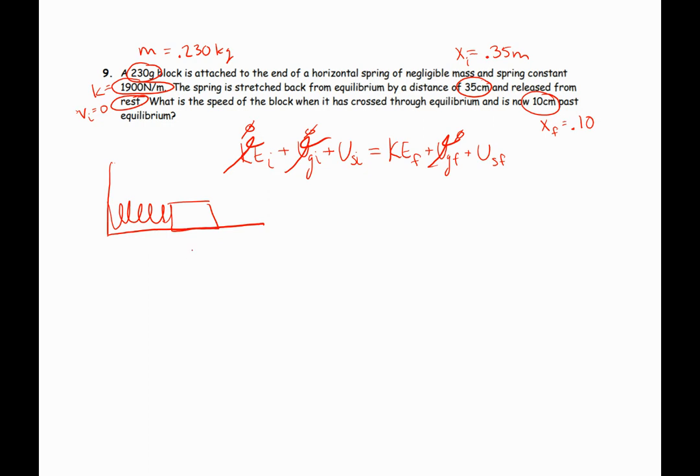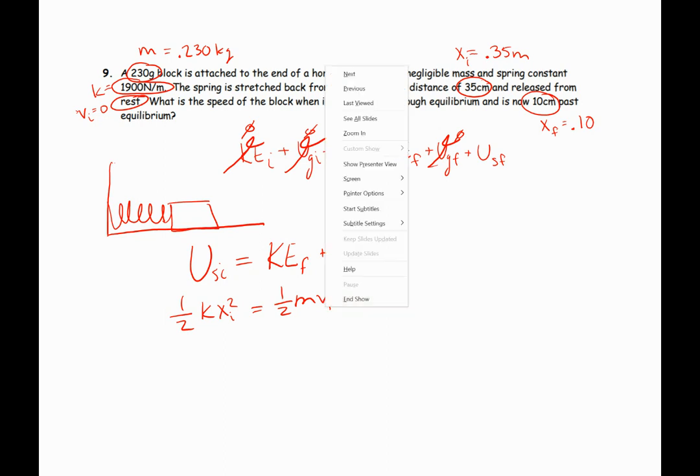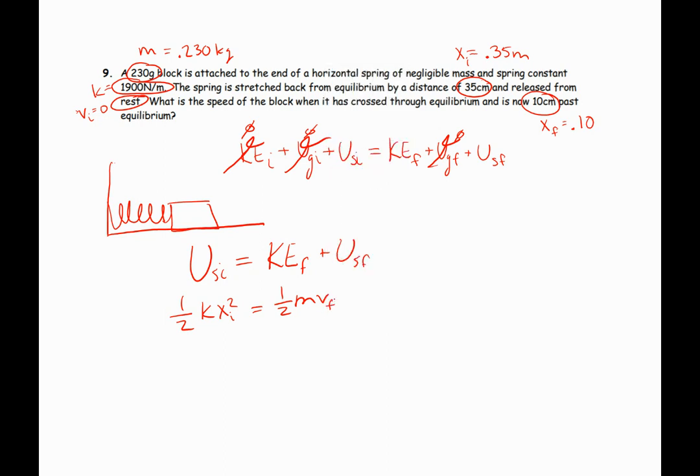So I end up getting my initial spring potential energy is equal to my kinetic energy final plus my spring potential energy final. So when I look at that, I get 1/2 kx initial squared equals 1/2 mv final squared plus 1/2 kx final squared.